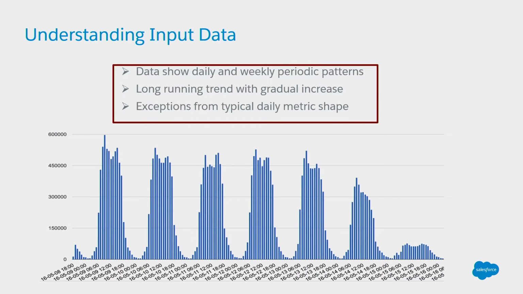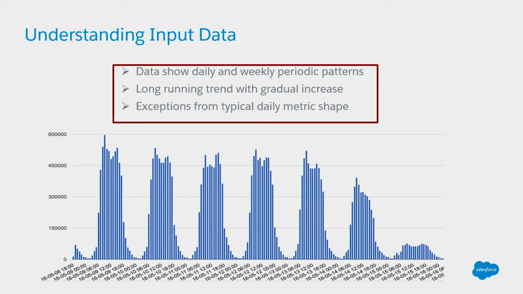So we start from very basic raw data that you might collect from your systems. If you look at this chart, you will see that your system can show some periodic patterns. These patterns could be daily, could be weekly. You see that, for example, Monday and Friday are not the same, and weekends specifically are not the same.